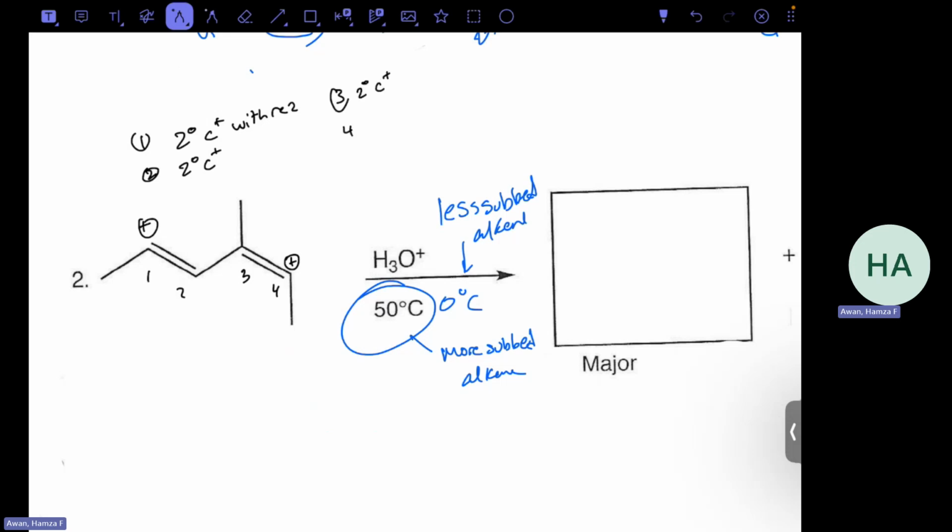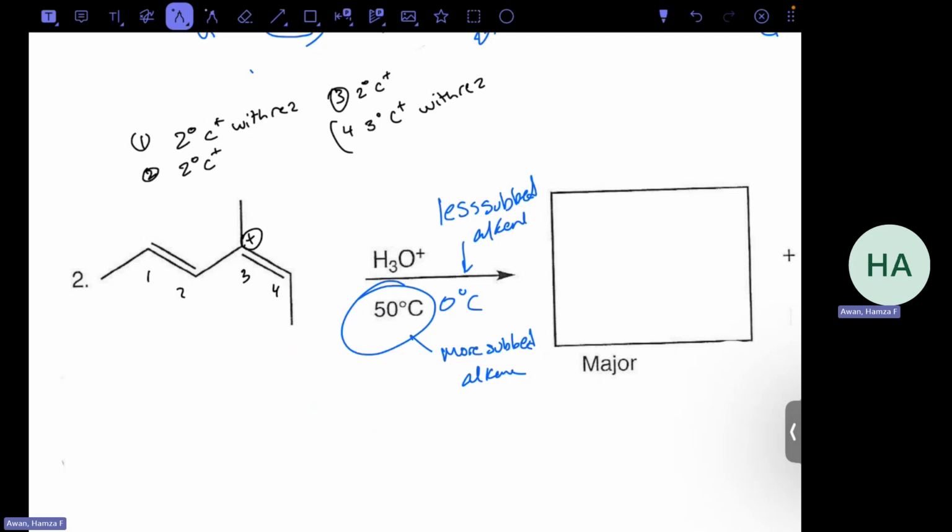And then the fourth one, if we protonated this fourth one, this third would have a plus charge on it, and that would mean that's a tertiary carbocation with resonance. So between all of these, the one that's the most stable is going to be the one that's protonated.